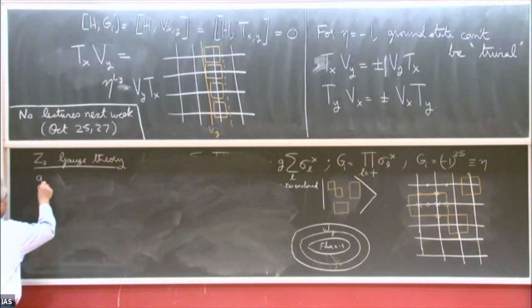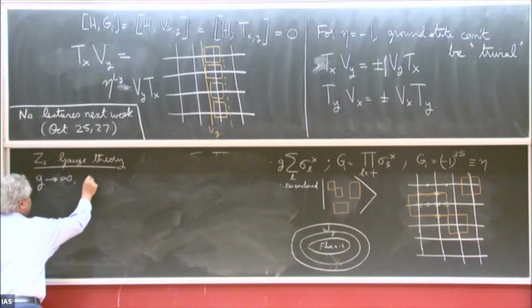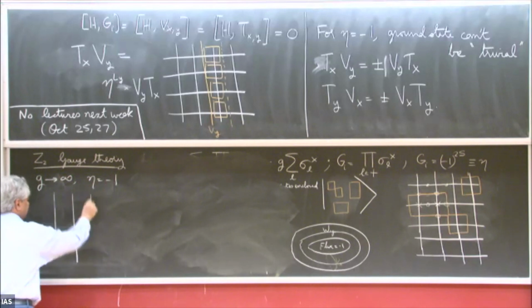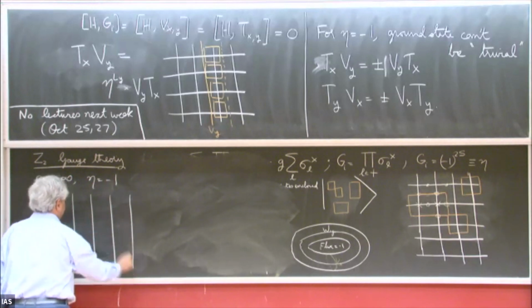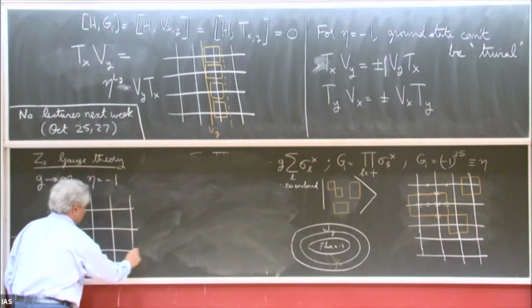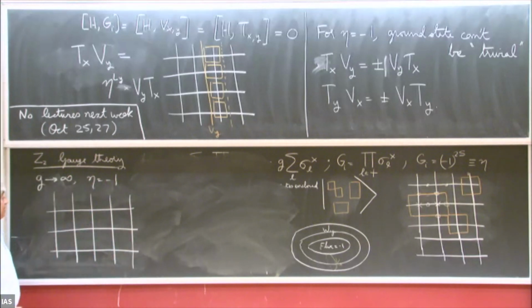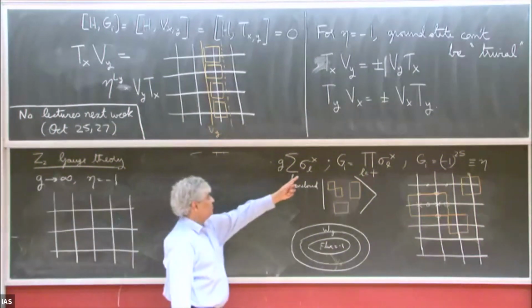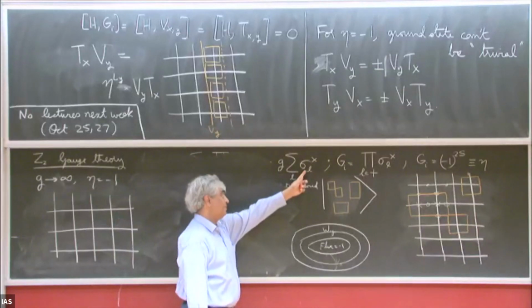So G goes to infinity, eta equals -1. Then we had to have G sub I equal to -1 on every side. And the way you can arrange that is to have sigma x equals -1 on the least number of sites.